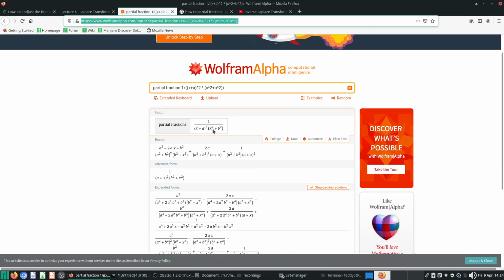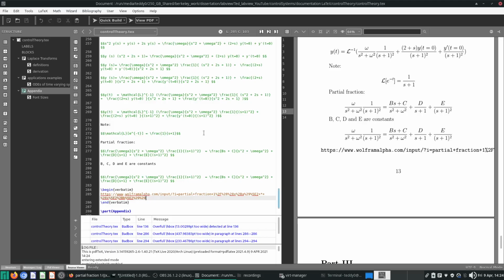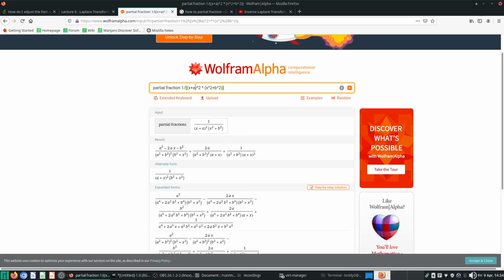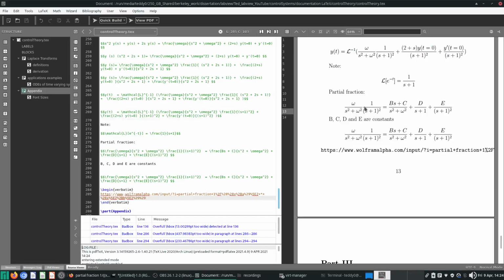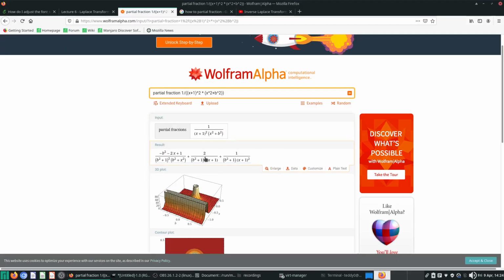I do partial fraction of 1 over x plus a squared, x plus b squared. Well, a here is actually 1, I can just make it simple for ourselves. Only b here. B is omega.